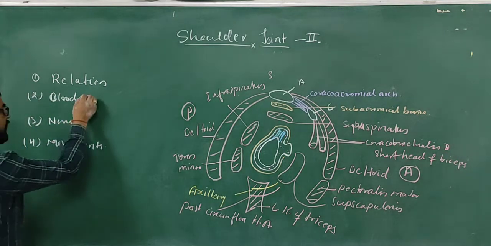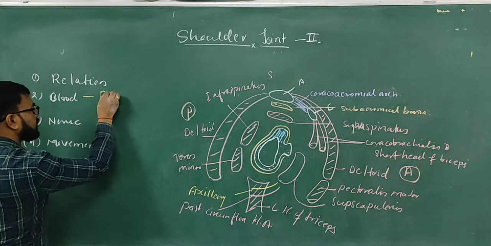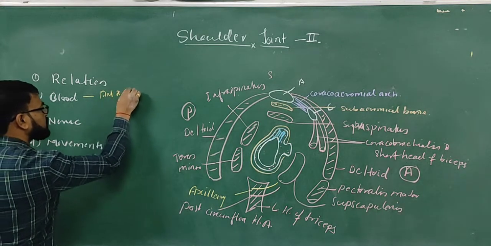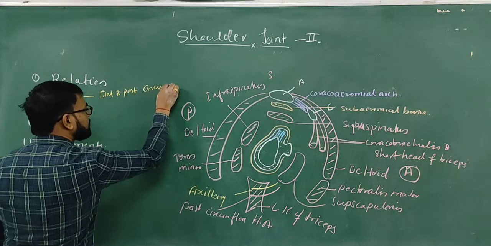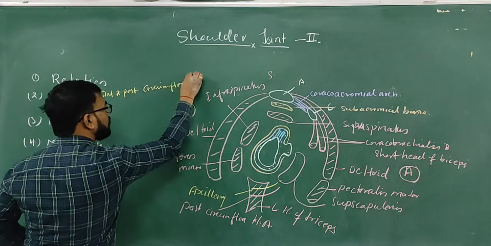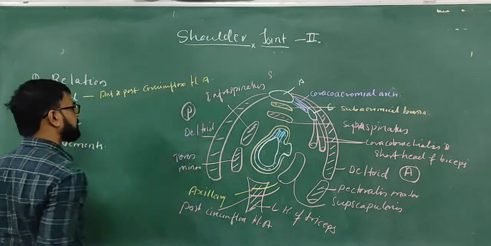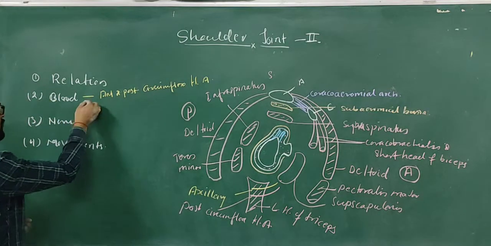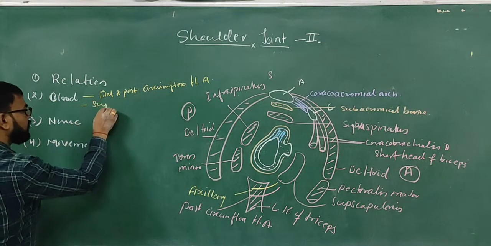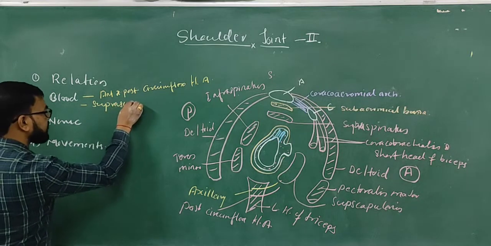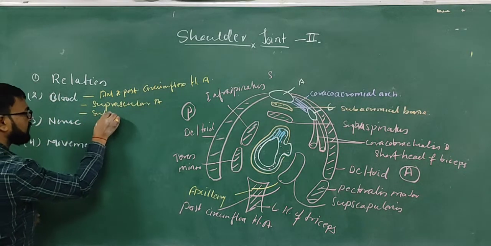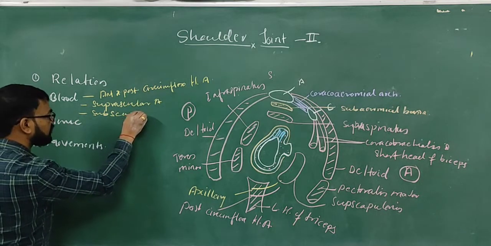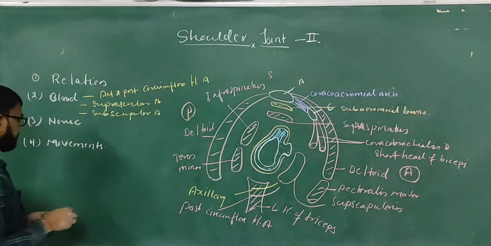Now the blood supply: anterior and posterior circumflex humeral arteries, suprascapular artery, and subscapular artery.